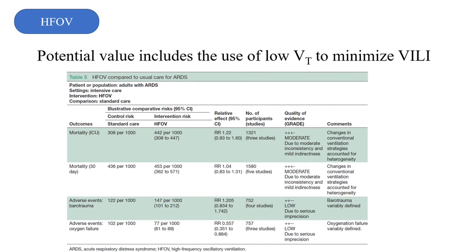To achieve this extra low tidal volume, some authors use high-frequency oscillation. High-frequency oscillatory ventilation requires very low tidal volume at a very high frequency to oscillate.